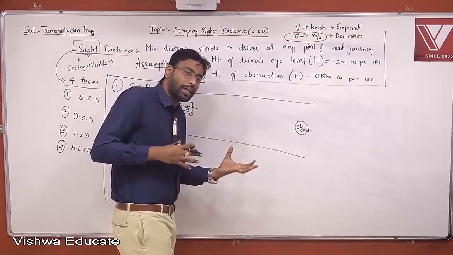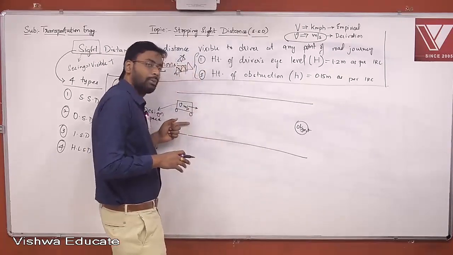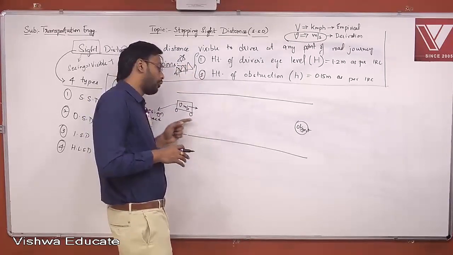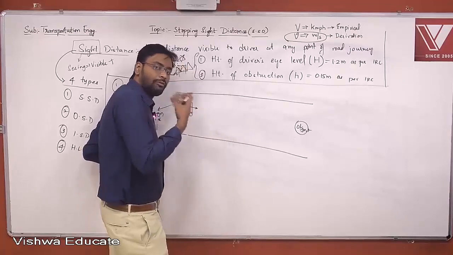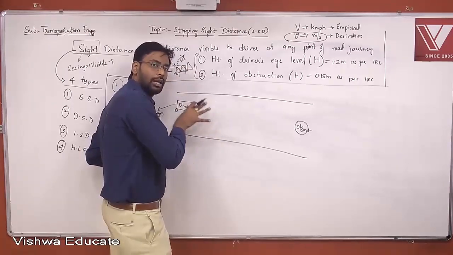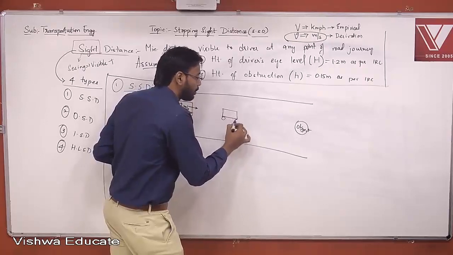Do you apply any brake when you are seeing that object? No, right? So your vehicle will be moving with the same speed of v meters per second. While I am thinking, the vehicle will be in the moving condition.